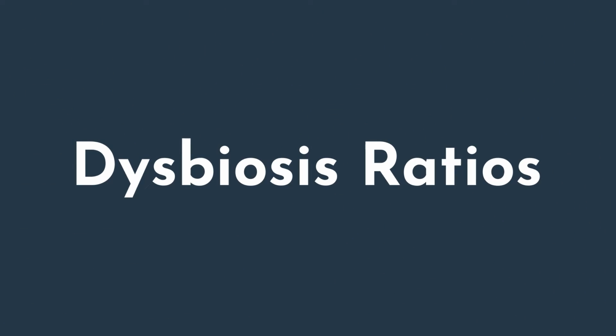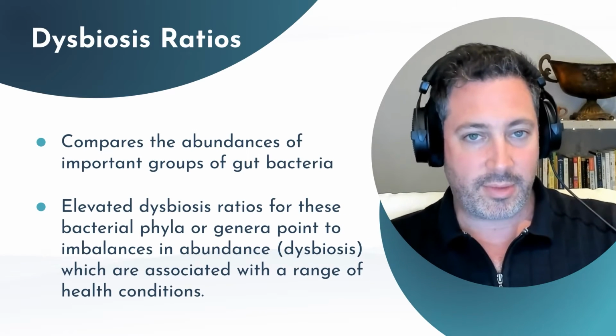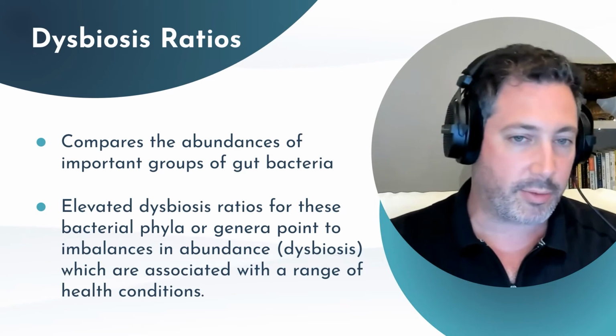So when we analyze the composition, and we already saw the phylum level analysis, we know that we can also compare groups to other groups, and we have something called dysbiosis ratios. These are not accurate, and they might sometimes give a misleading idea of certain things, I will explain right away.